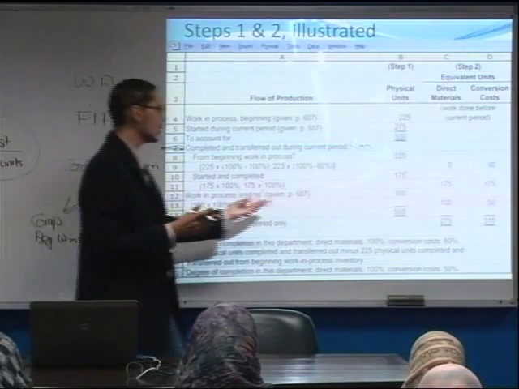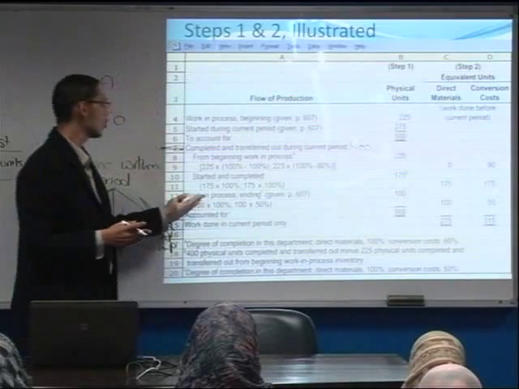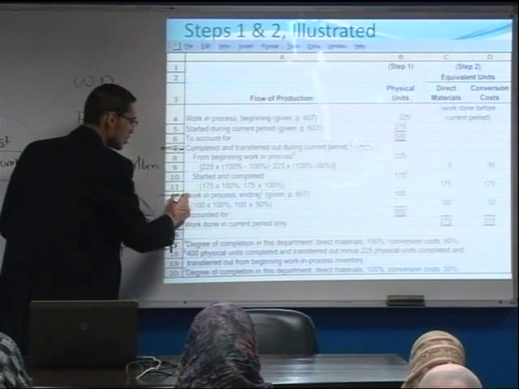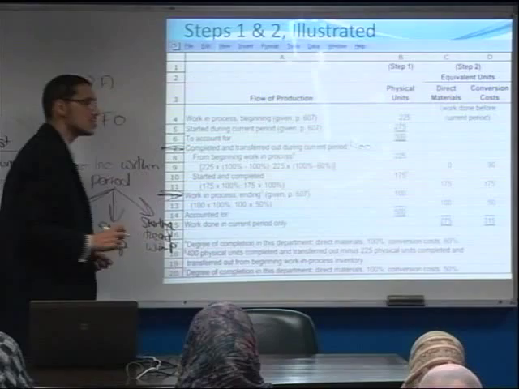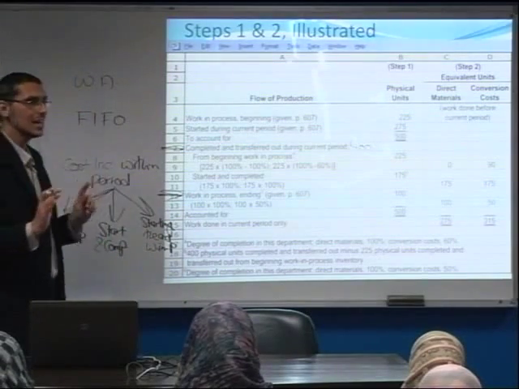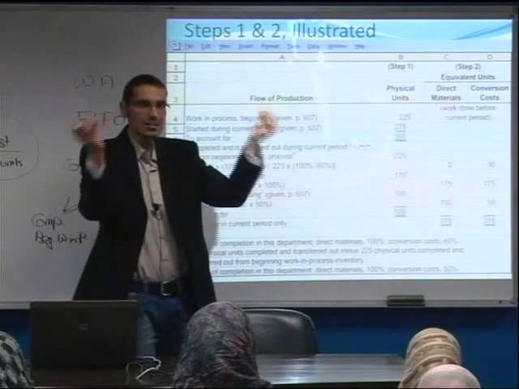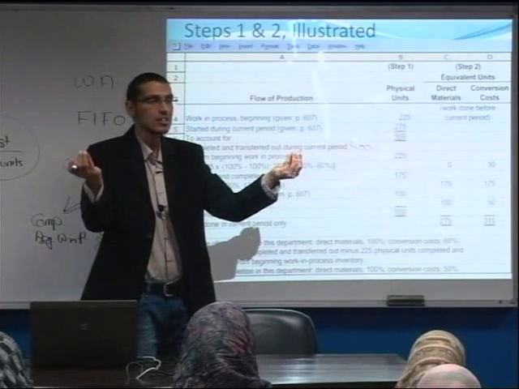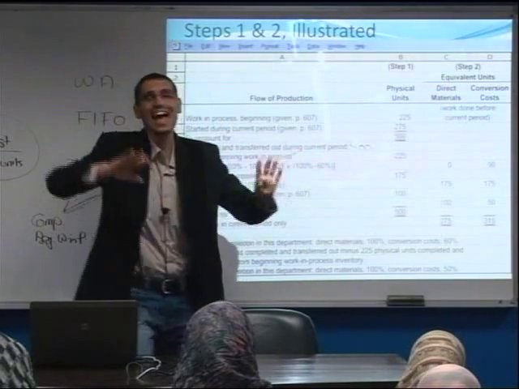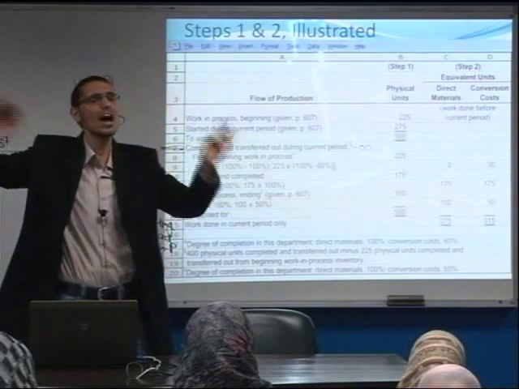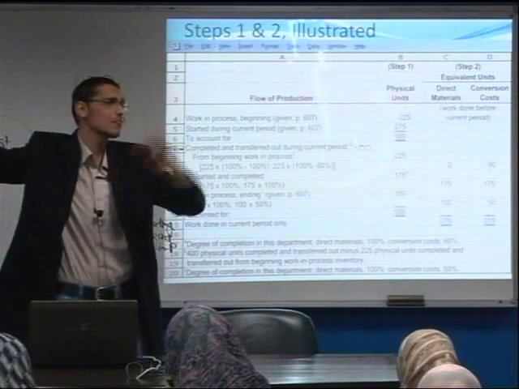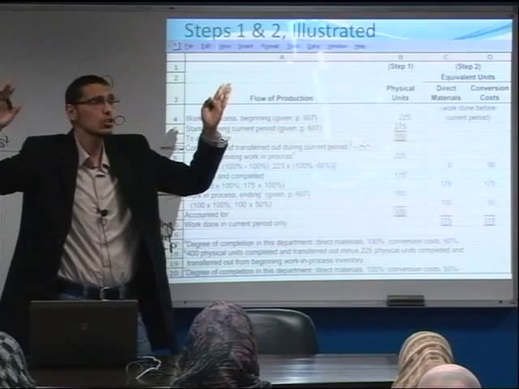Therefore, the 100 is the work in process ending inventory, which is the second thing to designate. As we can see here, the 500 units were divided according to two categories, as in case number 2 and case number 3 of the weighted average. We do not have anything new.